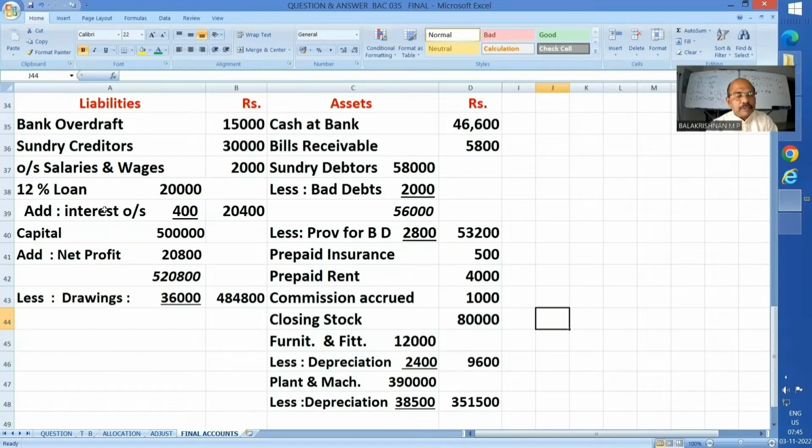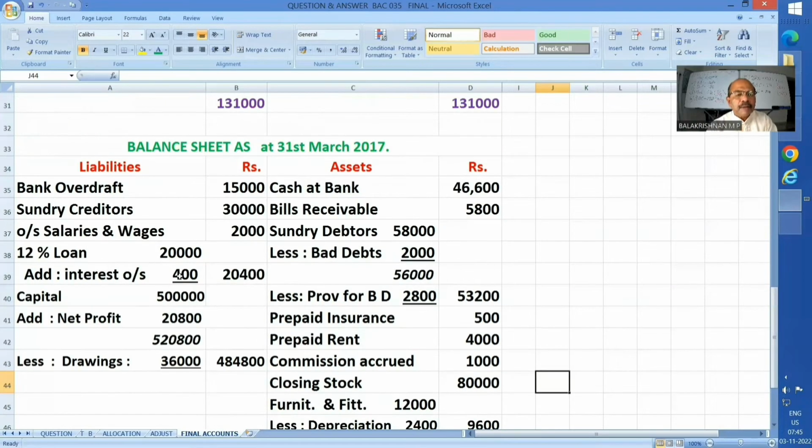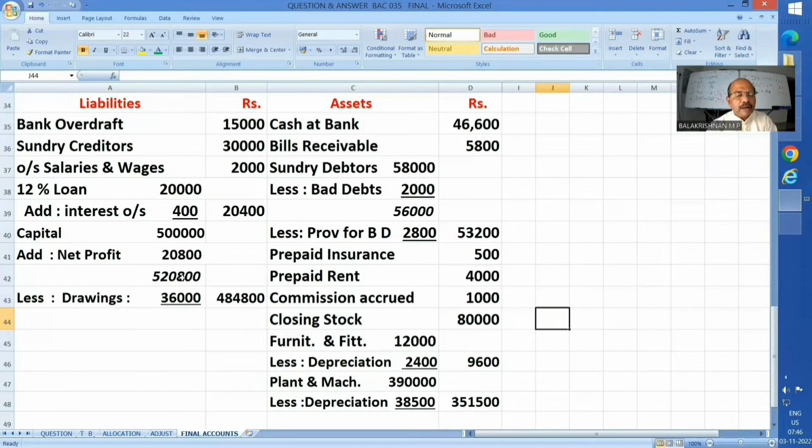So 20,000, and this outstanding liability for interest is also added with the loan. So total loan now is 20,400. Then capital, given figure is this much. I'm adding my net profit, and my drawings, given figure is this one, and this is the latest capital. Cash in bank as it is, bills receivable as it is, sundry debtors sufficiently explained here now.